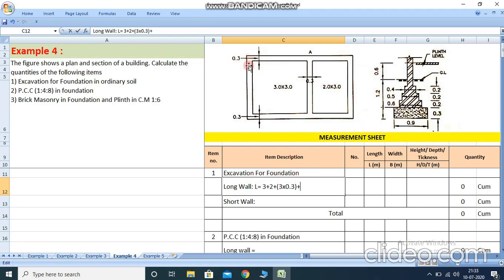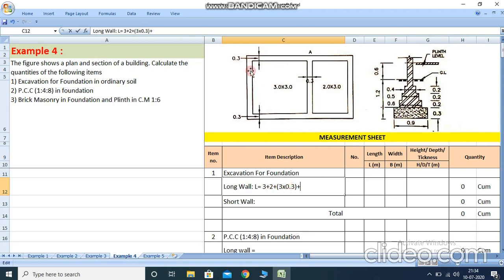Here only a simple 0.3 thickness wall is given, but in a step footing we must excavate below the wall a 0.9 meter width, clear. So from the external corner, external wall to external wall, the total length is 3 plus 2 plus 3 times 0.3, clear.